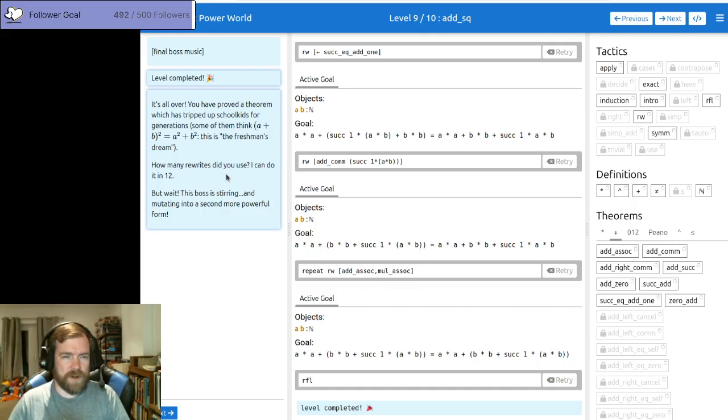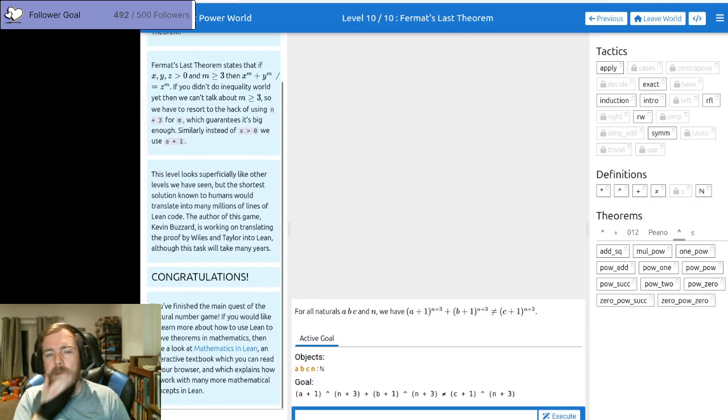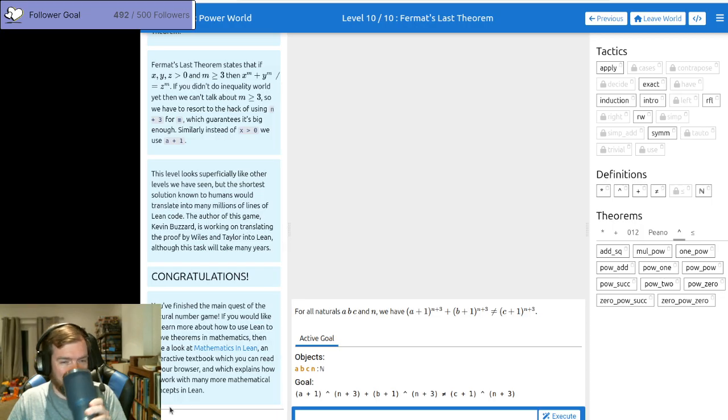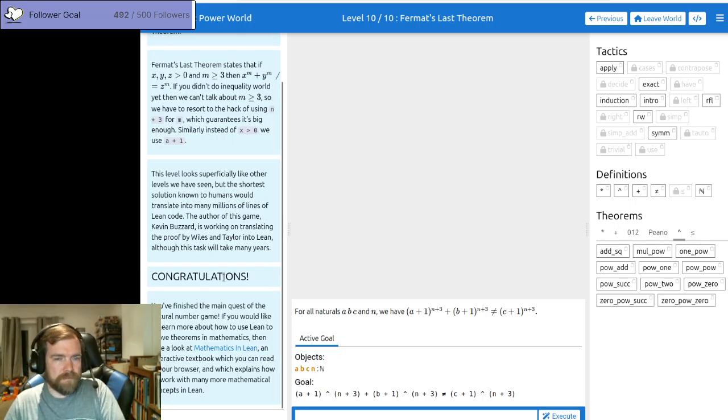Wait, this boss is stirring and mutating into a second, more powerful form. Oh, man. Fermat's last theorem. Yeah, okay, that's fair. Fermat's last theorem states that if x, y, and z are all greater than 0, and m is greater than or equal to 3, then x to the m plus y to the m is not equal to z to the m.